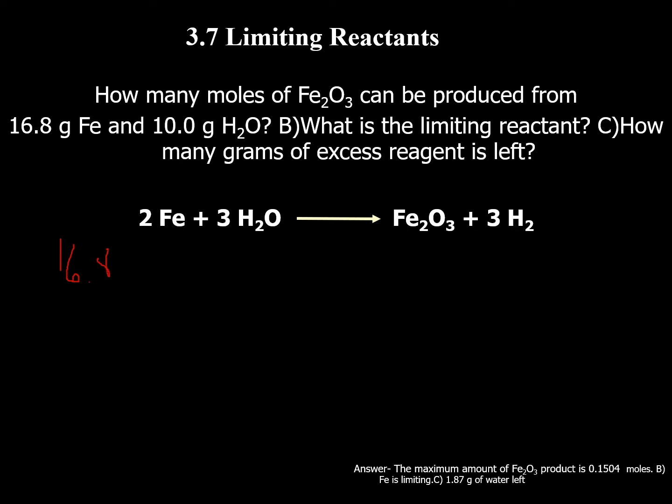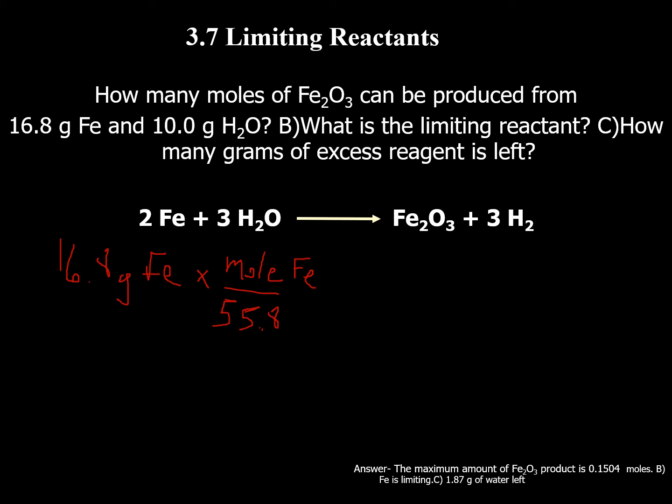So 16.8 grams of iron. The first thing we need to do is figure out how many moles of iron we have. So we would divide this by the molar mass of Fe, 55.8. Where did we get this number from? That's from the periodic table for iron.